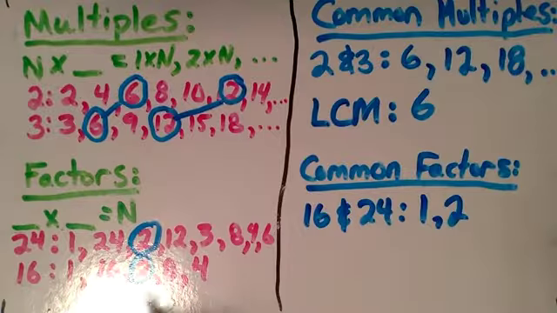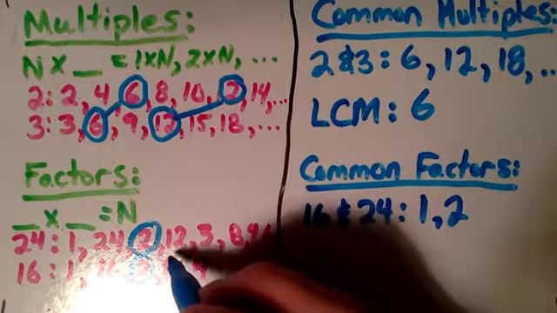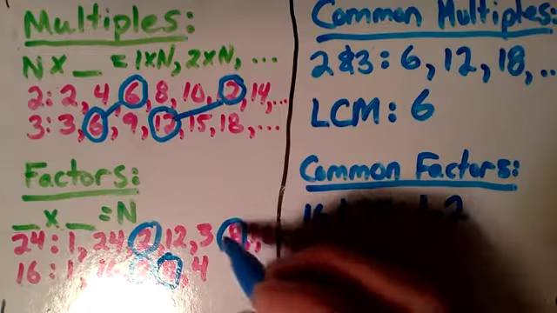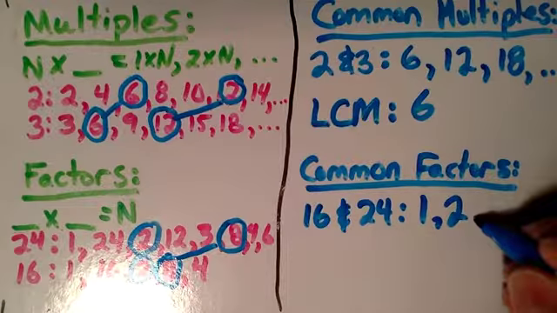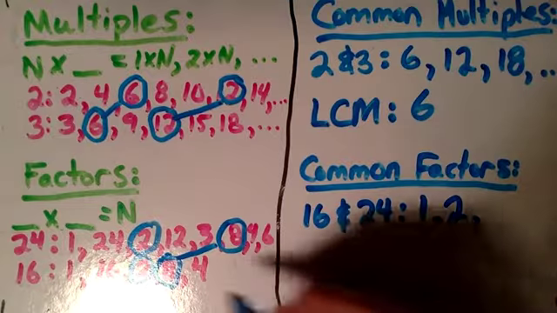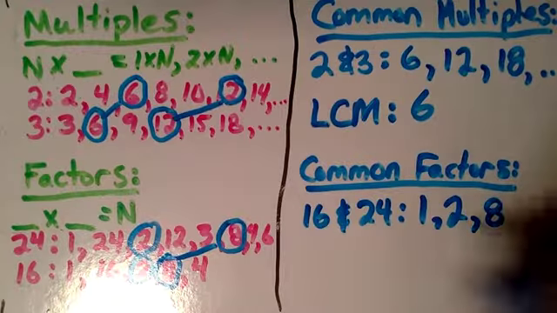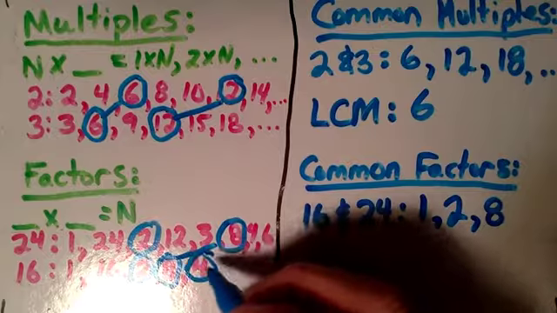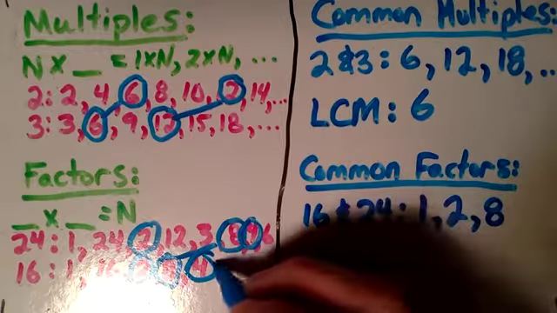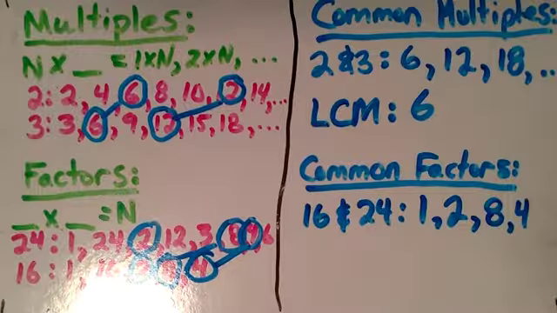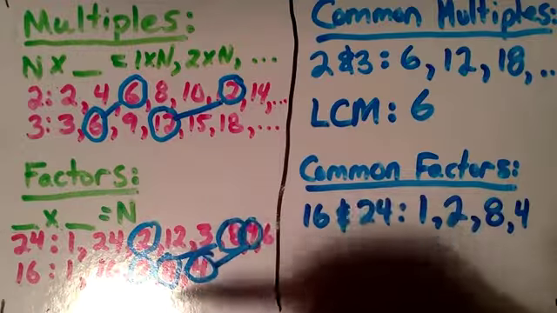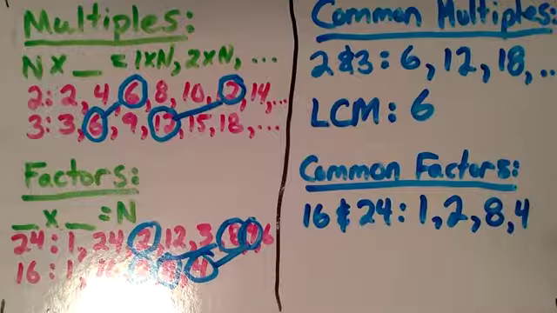If we continue on, we notice that 8 is in both of our sets of numbers, so 8 is a common factor. 4 is also in both of our lists of numbers, so 4 is a common factor. And as we look through, we find that we don't have any other numbers that are in both lists. So that's all of our common factors.